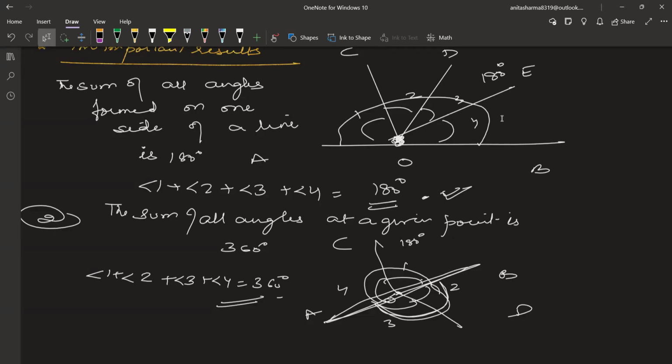Ma'am, is there a term for the angles which together form 360 degrees? Yes, a complete angle.